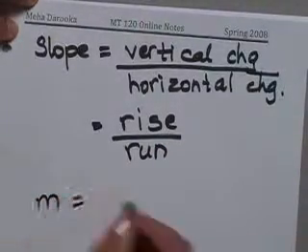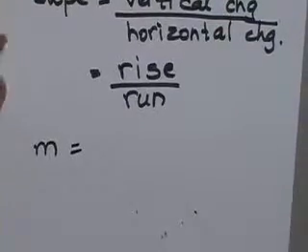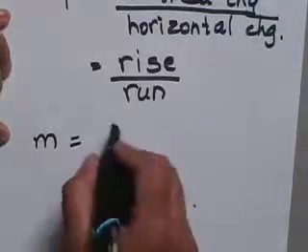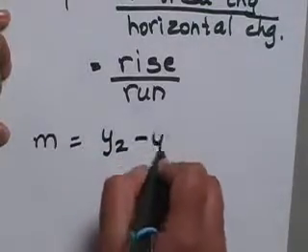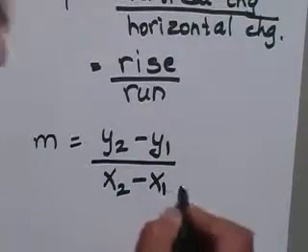Usually for slope, we use the letter m to represent the slope, and in this case, your ratio of rise over run is y2 minus y1 over x2 minus x1.